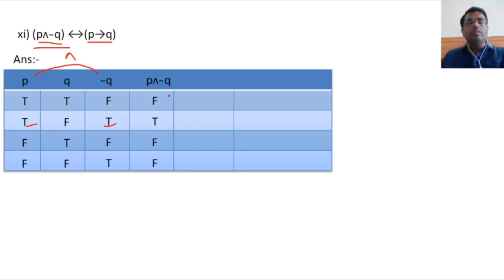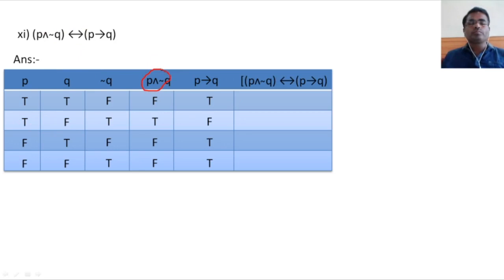Then we need P implies Q. We know that for P implies Q, if the first statement is true and second is false, the resultant is false, otherwise it is true. So only the second row gives false, otherwise it is true. And we have to consider double implication between these two. We know that for double implication, if both are true or both are false, then only the resultant is true.